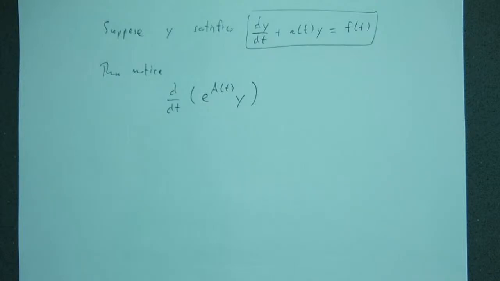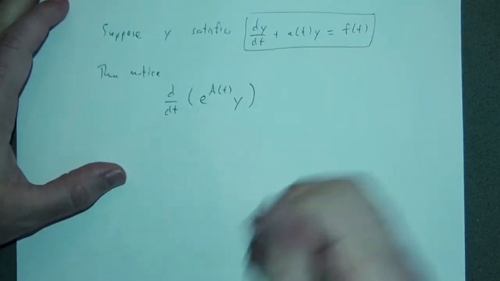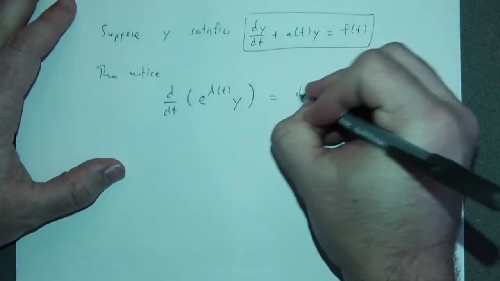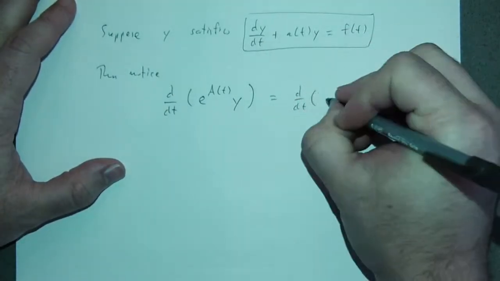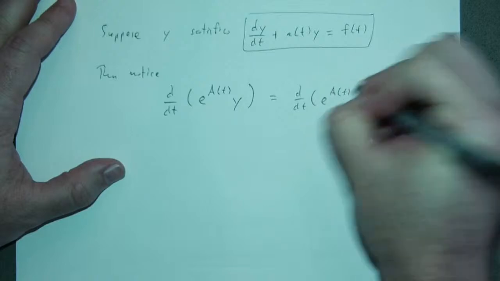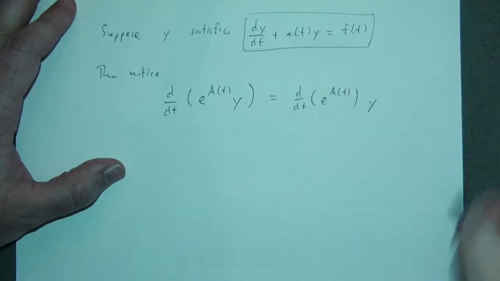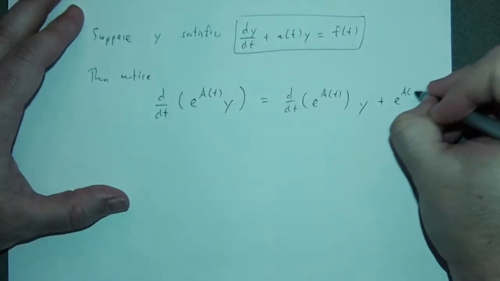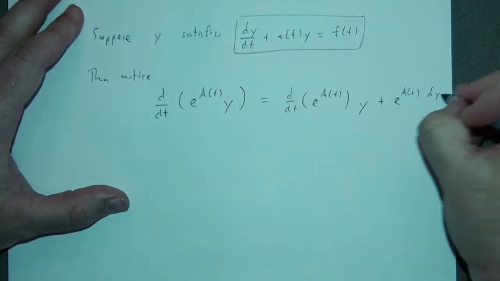Well, let's use the product rule here. Right? Let's use the product rule. So using the product rule here, I would have d/dt of e to the big A of t times y plus e to the big A of t times dy/dt.